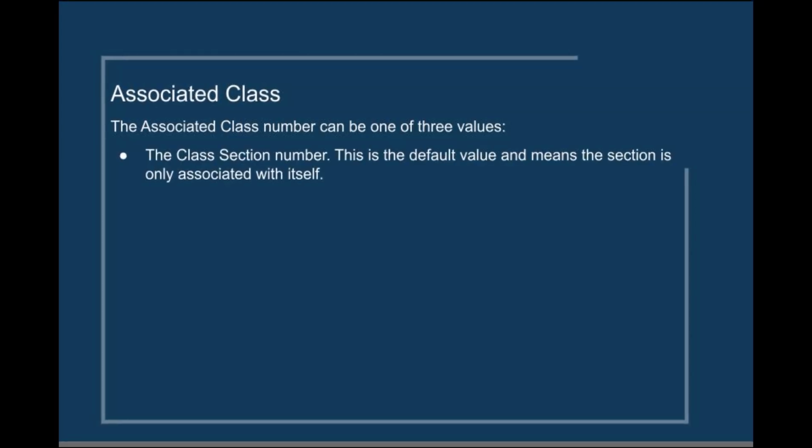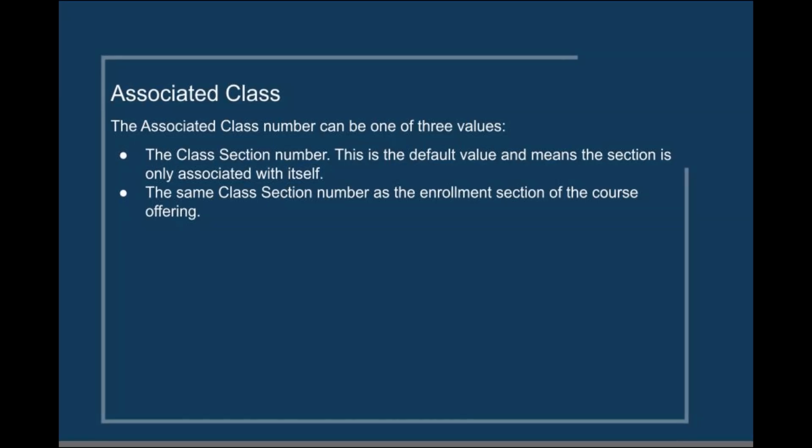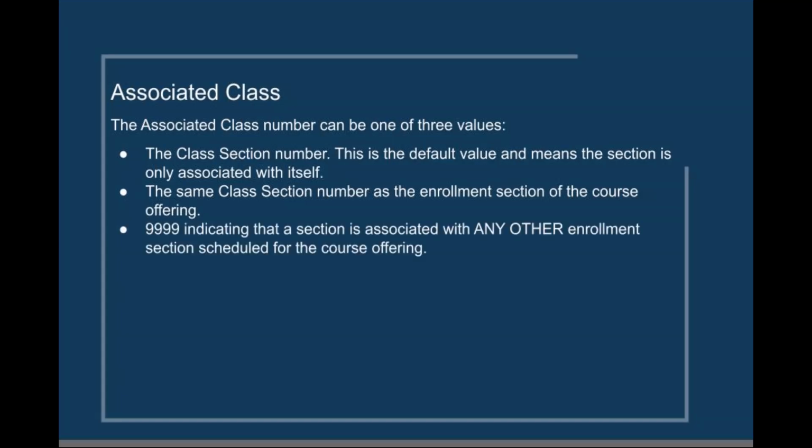The class section number, this is the default value and means that the section is only associated with itself. The same class section number as the enrollment section of the course offering, or 9999, indicating that a section is associated with any other enrollment section scheduled for the course offering.